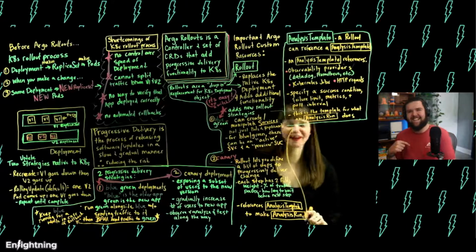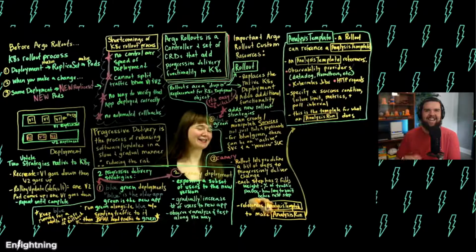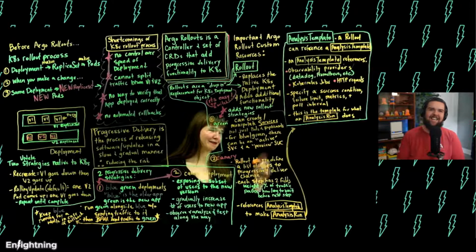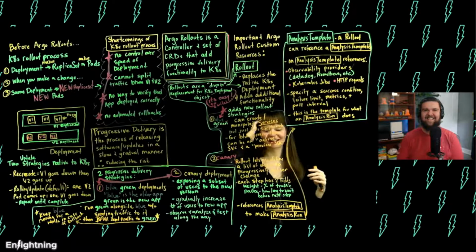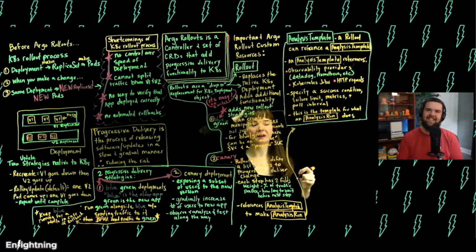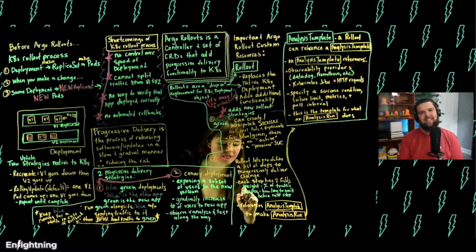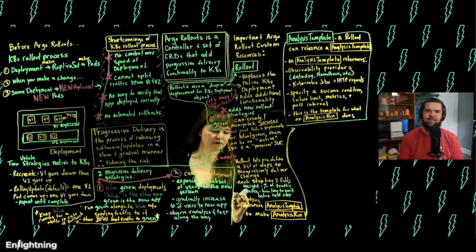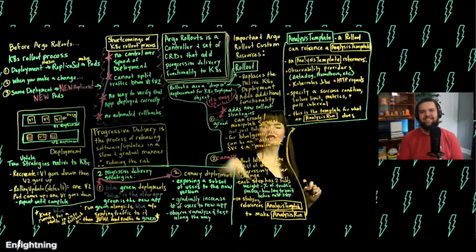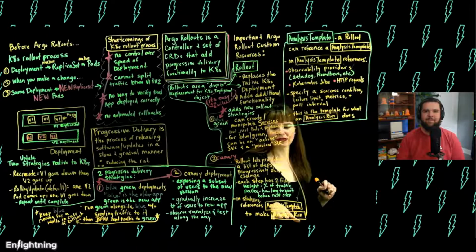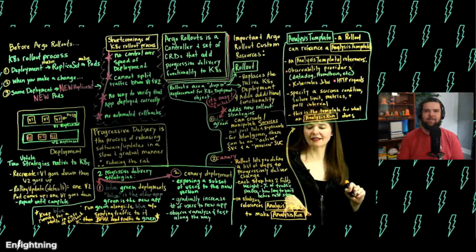Yes, my brain's turning less about whether it makes sense and more about how I want to represent it here. In strategies. Cool. We'll see when I do the recap if this is syncing in, but I think it is. So in the strategies, an analysis template is referenced that makes an analysis run.